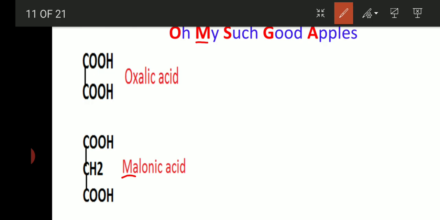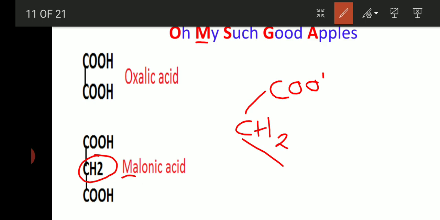In oxalic acid, only two COOH groups are present. In malonic acid, one CH2 is embedded between the two COOH groups. Mostly we write malonic acid in notes like this: COOH, CH2, COOH.